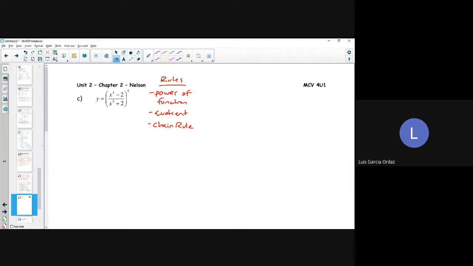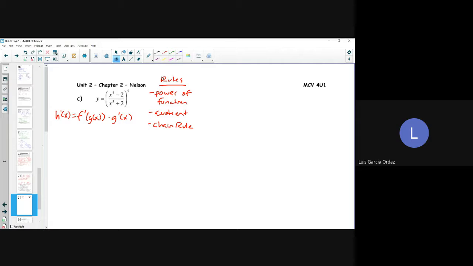So we have my chain rule, which means that I have f of g of x. If you remember, chain rule is found by h prime of x is equal to the derivative of f of g of x multiplied by the derivative of g of x.